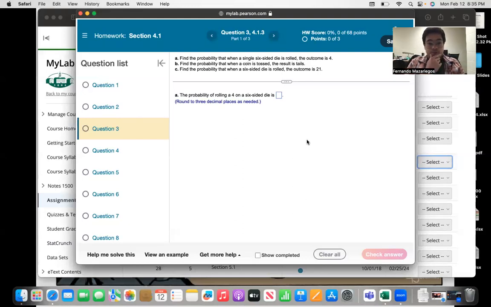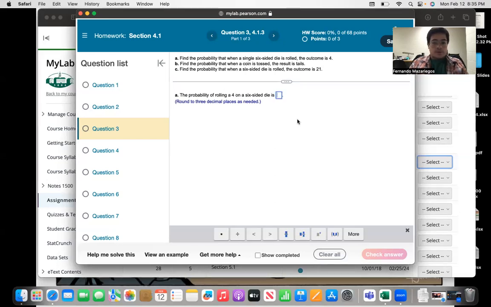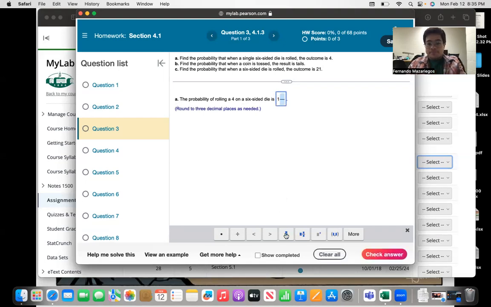So we're going to practice with question number 3. What is the probability of rolling a 4? Well, that would be 1/6, because on a die, you have 6 different options, and we only care about one of those, which is number 4.